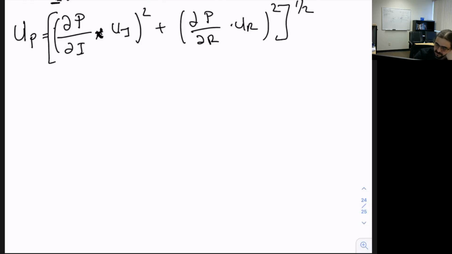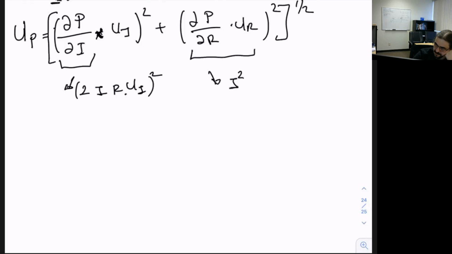So this term becomes (2IR UI) squared, and this term becomes (I squared UR) squared. Just take the derivative of power with respect to I or R.